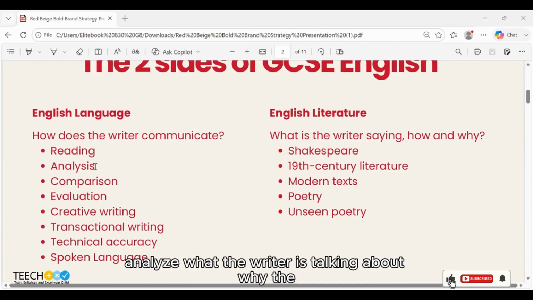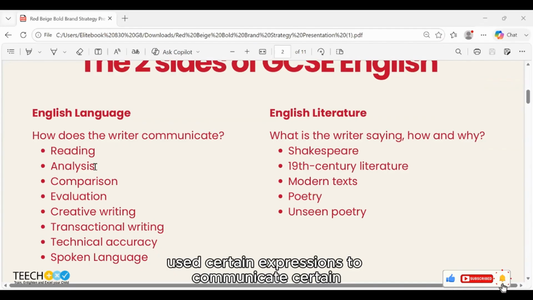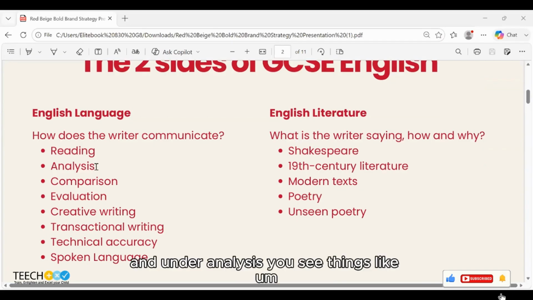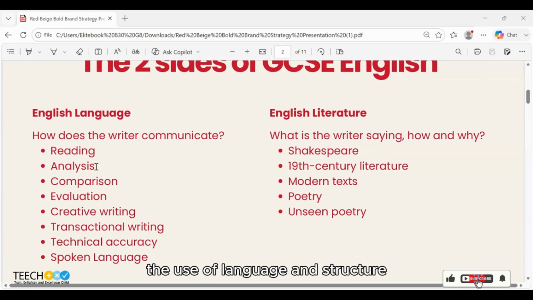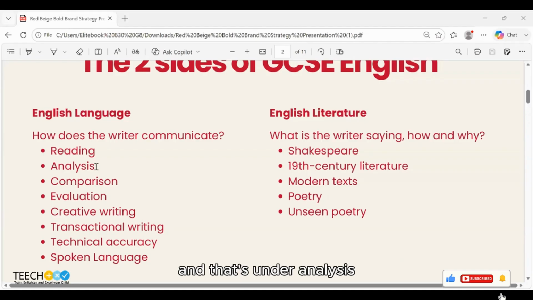Analyze what the writer is talking about, why the writer has used certain expressions to communicate certain feelings or paint certain pictures. And under analysis, you would have to understand the use of language and structure. And by language and structure, I mean things like figurative devices, the use of different sentence types, varying sentence types and structures, and that's under analysis.